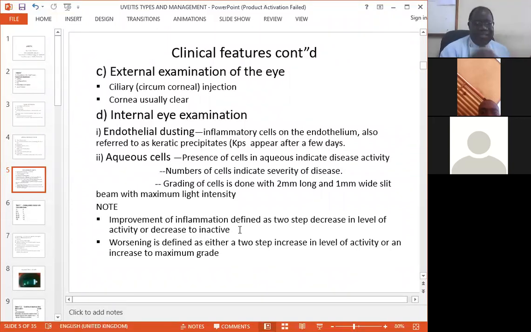It is the level of activity of the inflammation inside. If you see there are so many cells, then after some time the cells are getting less and less because there is improvement. So if it has gone down 2 steps in the level of activity, that is improvement, which you can document.